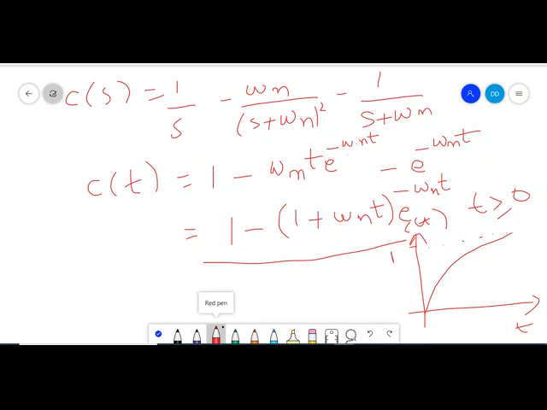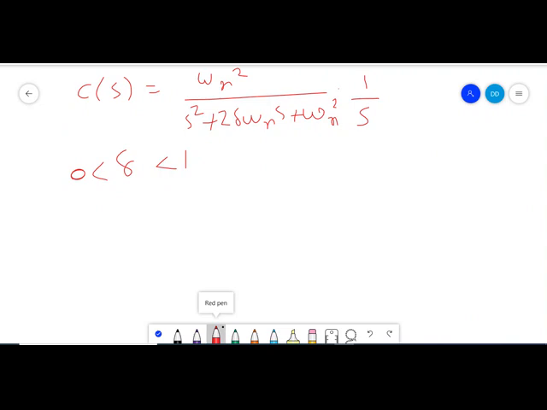Next we go for the third case, where zeta lies between 0 and 1. That is an underdamped system. So for an underdamped case, we first write what is C of s, and delta varies between 0 and 1. First, we cannot take the response C of t directly.